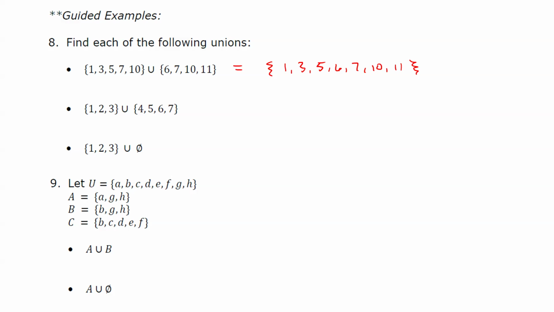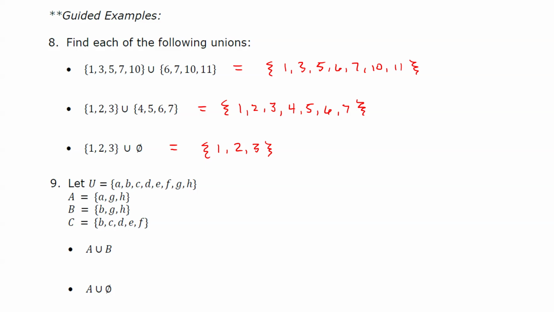So the combination of both. For the second one, we'll take 1, 2, 3. Then we'll add on the second set, 4, 5, 6, and 7. Awesome. Then for the third, our first set is 1, 2, 3, union the empty set. So that would be 1, 2, and 3.